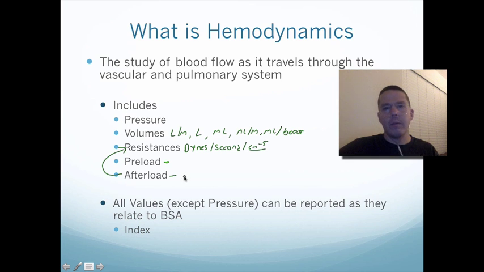As we continue on with hemodynamics, we'll look at each one of these: pressure, volume, resistance, preload, and afterload, in all of the different systems that we're going to assess.